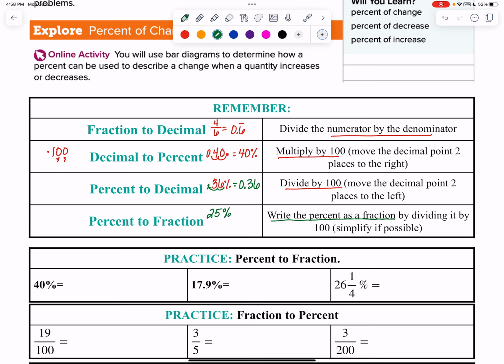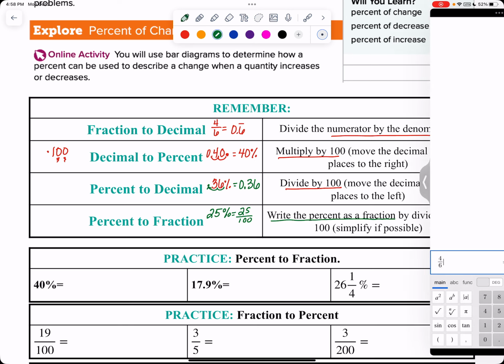It says write the percent as a fraction by dividing it by 100. So we would take our 25 divided by 100. That's what a percent is. Okay. And then simplify it as a fraction. So right now we have 25 hundredths. That is the percent in fraction form, but we do have to simplify it.